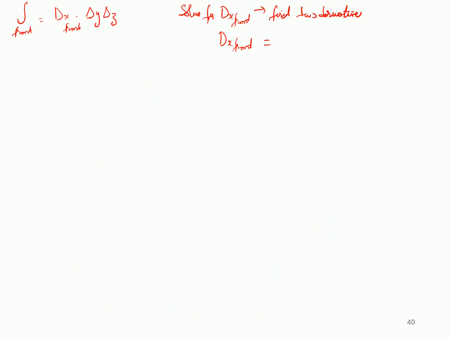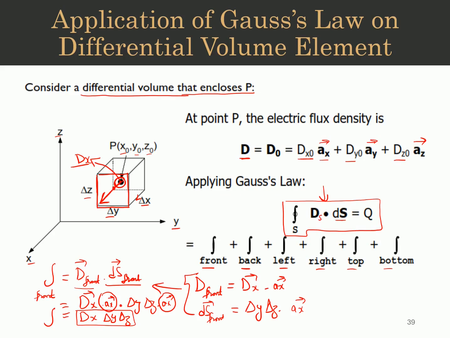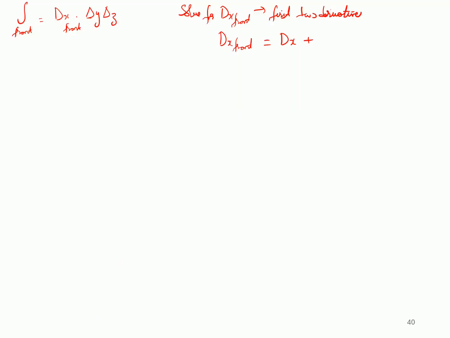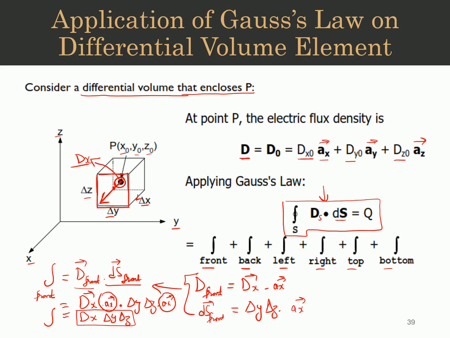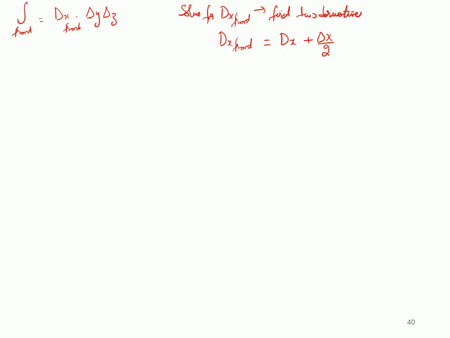This is going to be D of x, plus we want to take the first derivative, so the motion that I have covered from point P to the front face is the distance delta x divided by 2, and how much D has varied from point P is represented by the partial derivative of D along x. So this is what we get for the value of D of x front, extracted from the Taylor series.